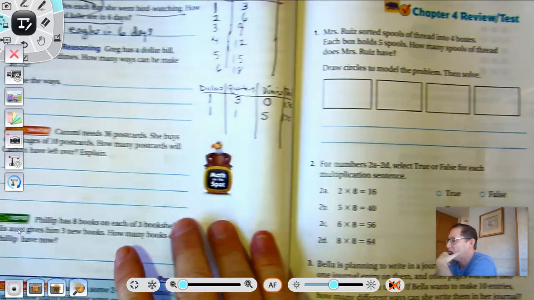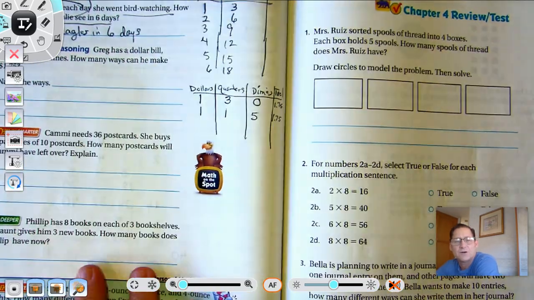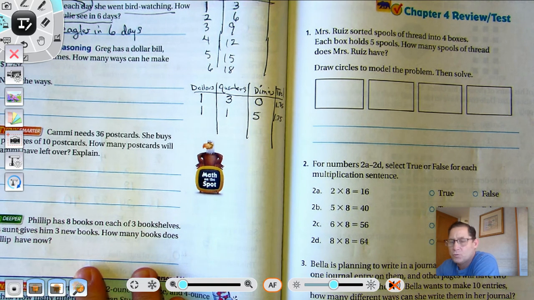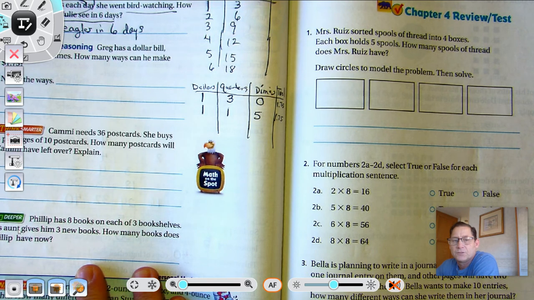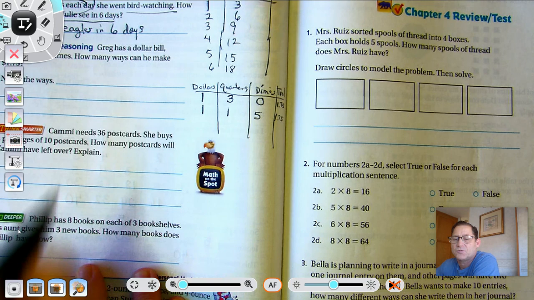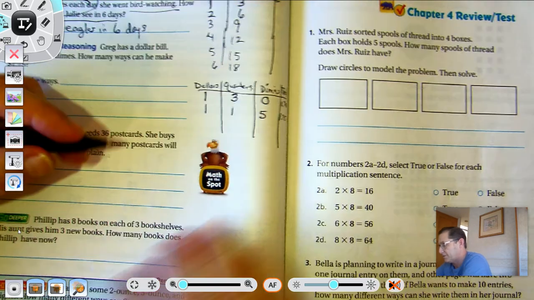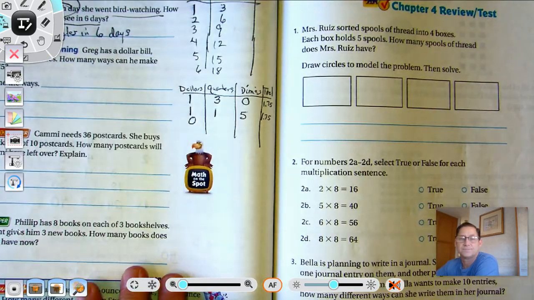Now, are those the only ways I can make $1.75 using dollars? Yeah, I can't do 2 quarters. 2 quarters would be 50 cents, and there's no way to get another 25 cents using just dimes. I would have to have some nickels. Okay, so let's switch to $0.